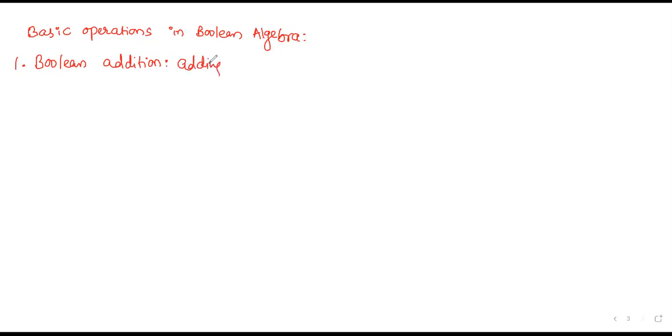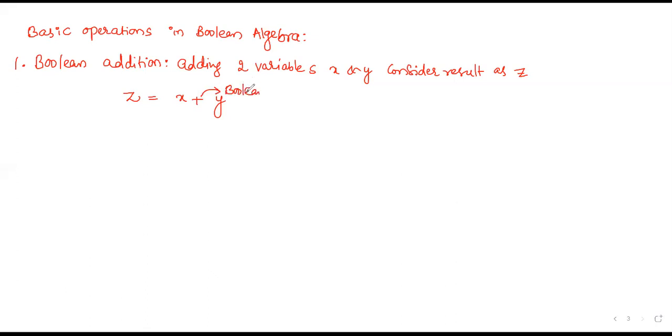Consider the result as z. Then we represent z is equal to x plus y. Now, this plus symbol is not similar to our addition. It is the Boolean addition symbol. It is not regular addition. It is Boolean addition.